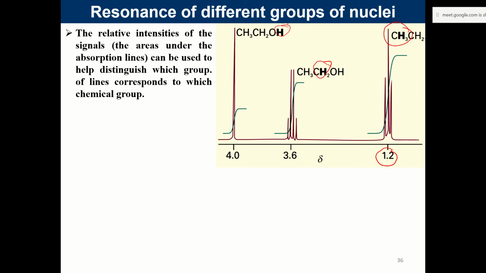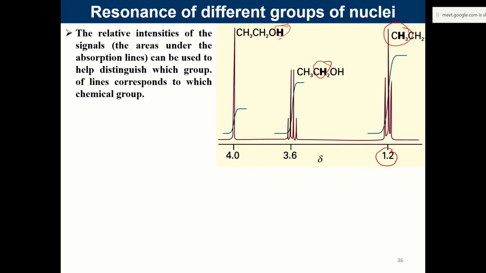So clearly all three types of protons are observed at three different values of chemical shift, and this is to do with the electron withdrawing effect of the oxygen.